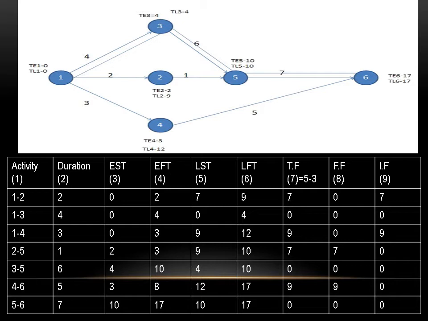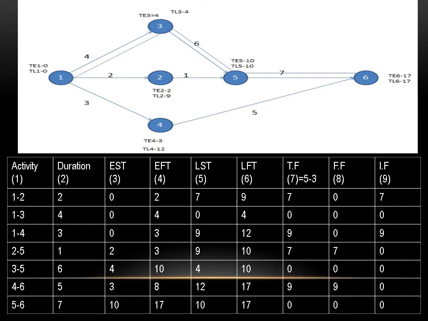Just write 1 to 2 as I to J. Event I is 1, the first is I and second is J. We have to consider only event I. For 1 to 2 we have to consider only 1.